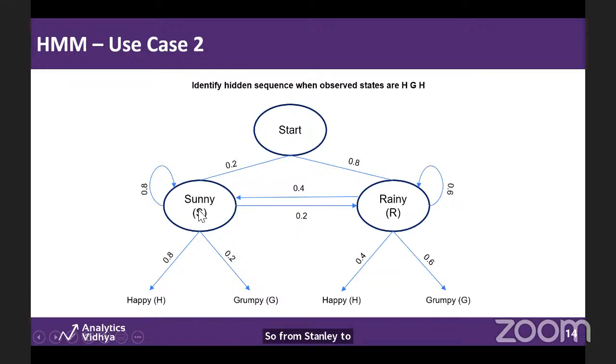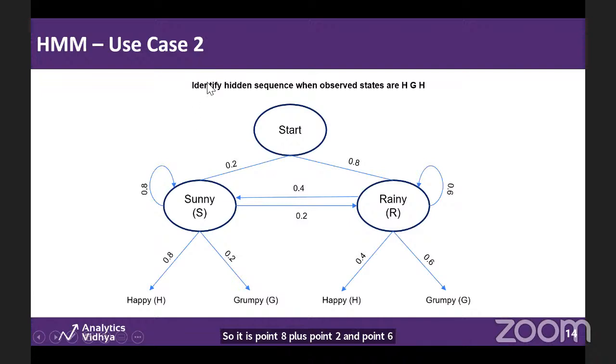This indicates the transition probability, which indicates transition from one state to another. It is defined by a probability value. Similarly, the transition probability from rainy to sunny is 0.4. And at the node level, in terms of the transition probabilities, the values will sum up to 1. So it is 0.8 plus 0.2 and 0.6 plus 0.4.